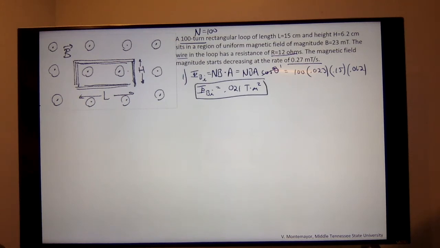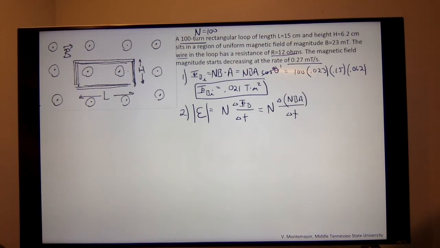We can also find the induced voltage using Faraday's law. If I just want the magnitude of the induced voltage, then it's going to be N times the rate of change of magnetic flux, which we could rewrite as N times delta NBA, because cosine of theta gives me 1, over delta t.